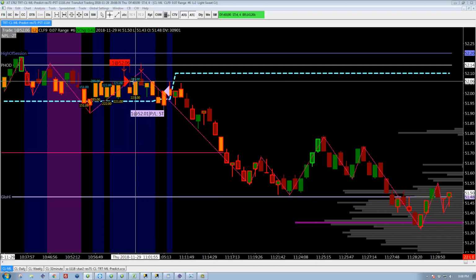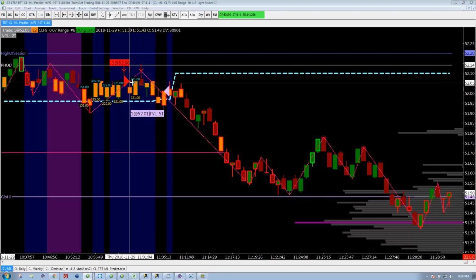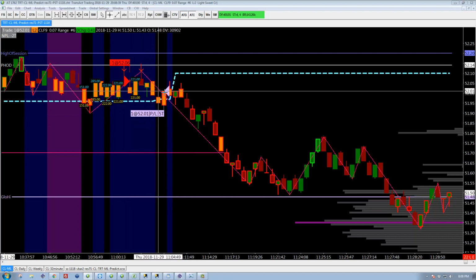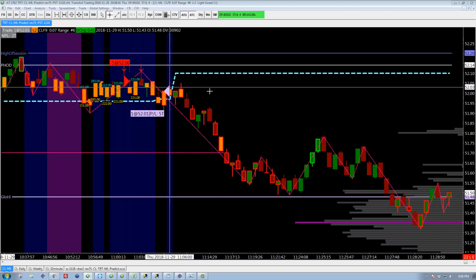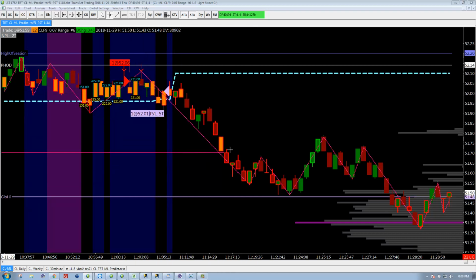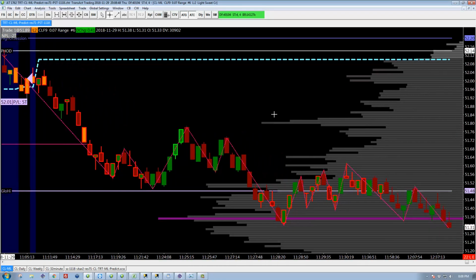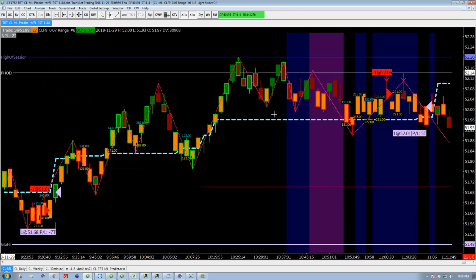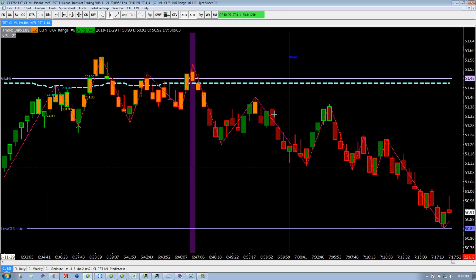Previously, you'd get in and wait to get to 20 ticks before you'd move your stop, and then you wouldn't get taken out on this thrashing. And here I missed a nice move because I'm trailing that stop so tightly. So your mileage may vary, and it depends on your personality.